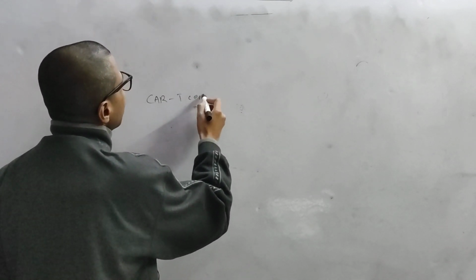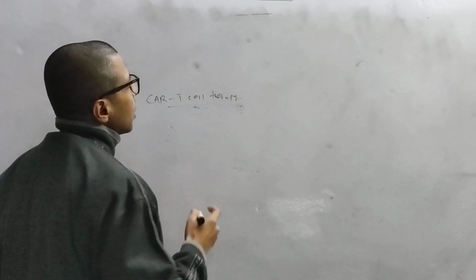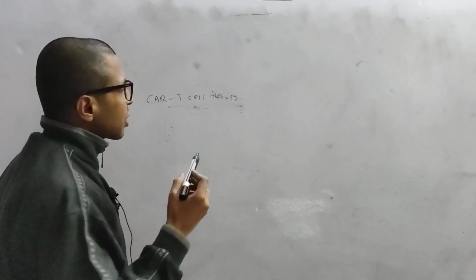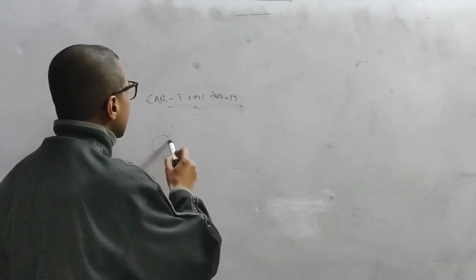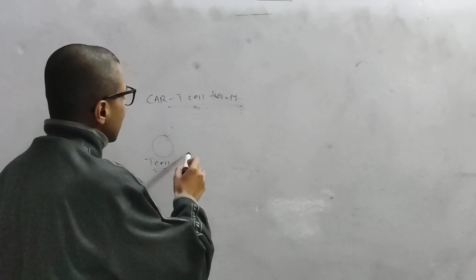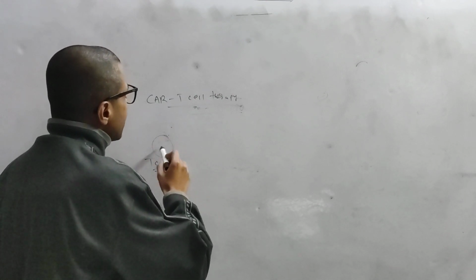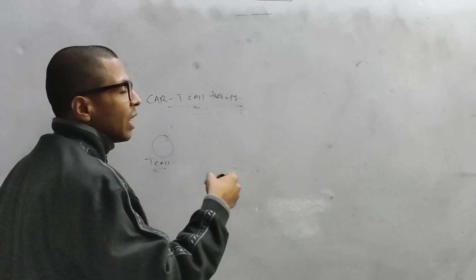CAR T cell therapy. So what is this CAR T cell therapy? Let's suppose the patient has some cancer like leukemia. What we do is extract T cells from the patient's body, and we genetically engineer these T cells outside in the lab.